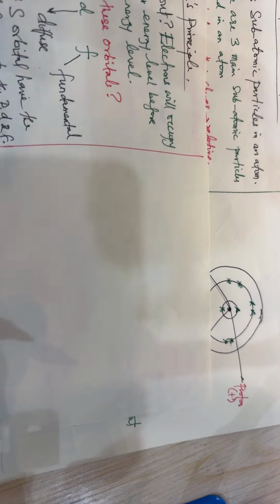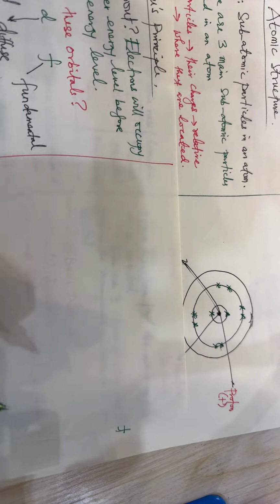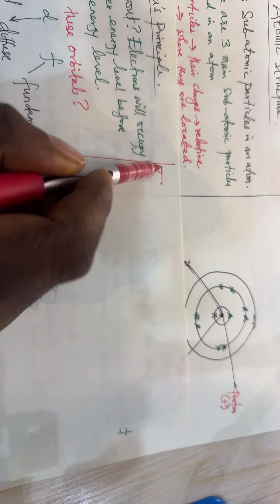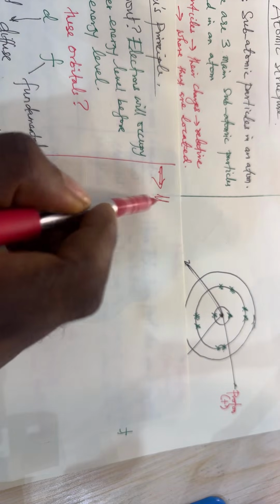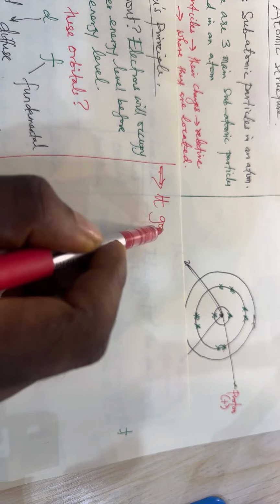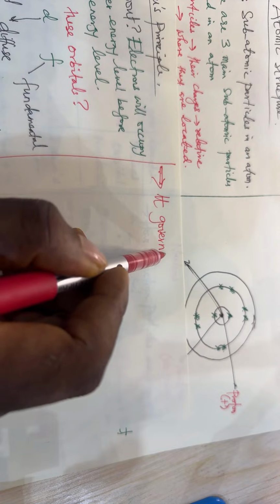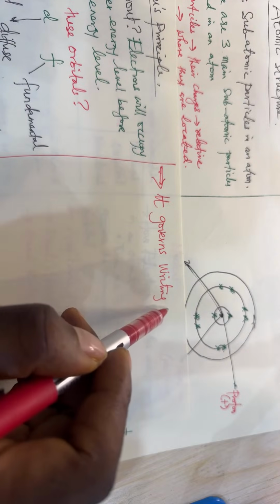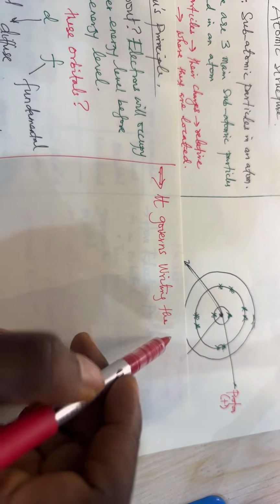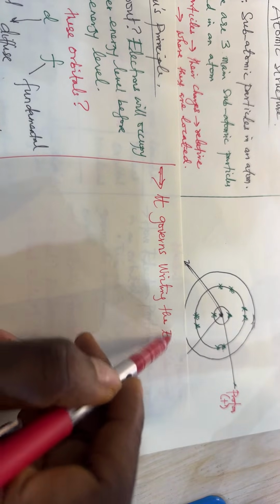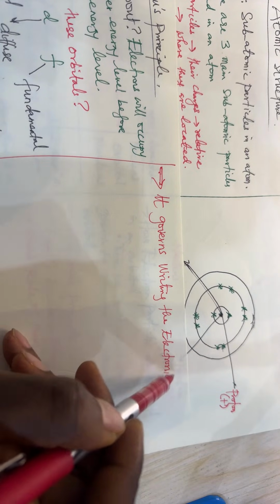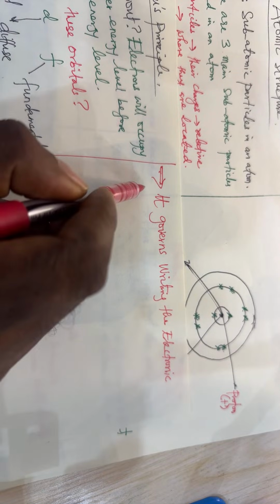Now, the application is quite simple, my guys. It actually governs writing the electronic configuration. A lot of you have heard about electronic configuration. Some of you don't even know how to do it.